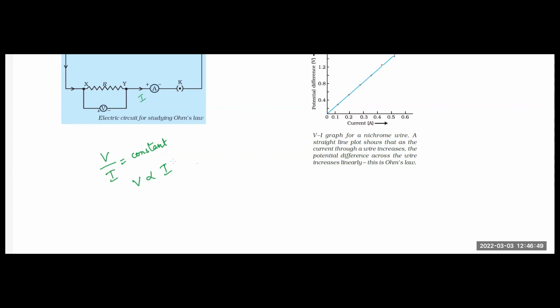That is what V is directly proportional to I means. Or we can say V by I is a constant, and this constant can be represented by a symbol R, and we call it resistance.